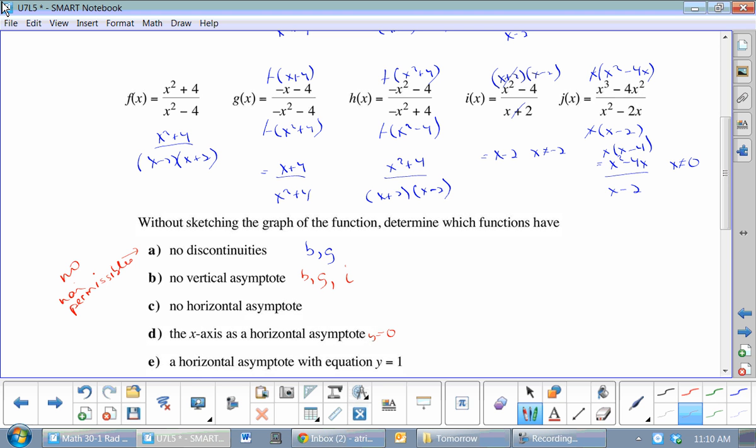Good. So which ones were that? Good. Okay, so y equals 0 as an asymptote. Again, what were you looking for and what'd you find? Jamie.